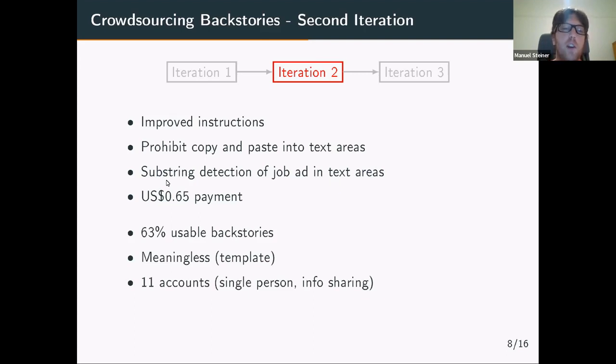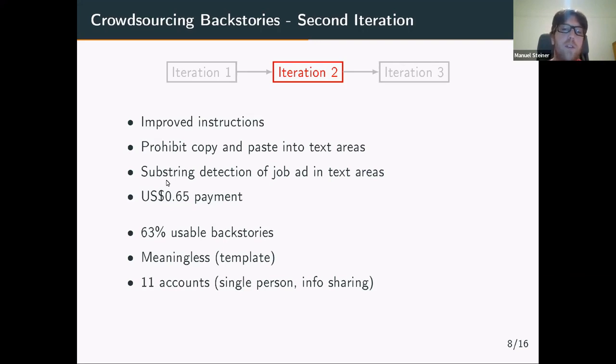And so the second iteration surprisingly only yielded 63% usable backstories. The main problem with this run was that people from 11 accounts submitted what I call meaningless backstories.